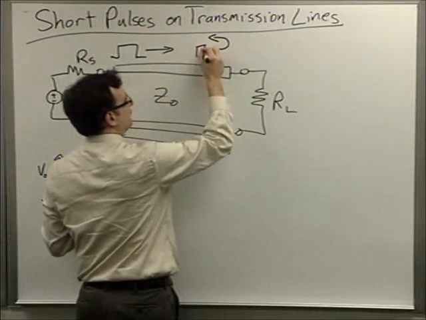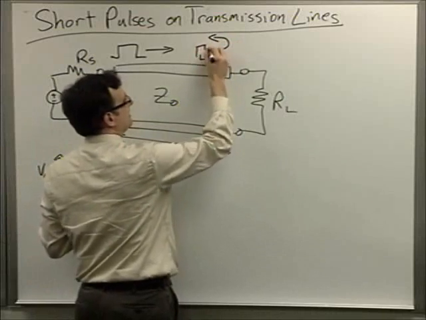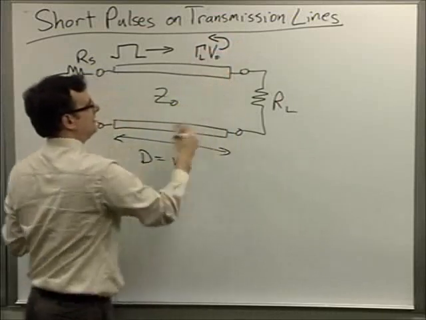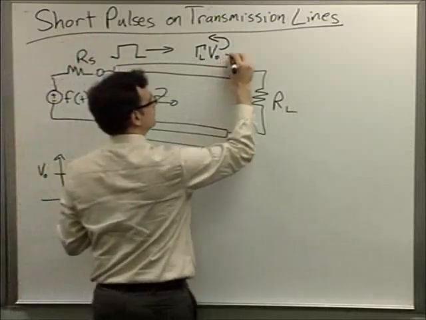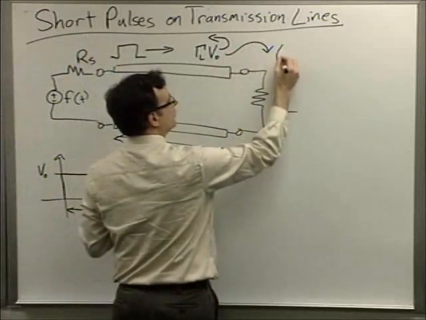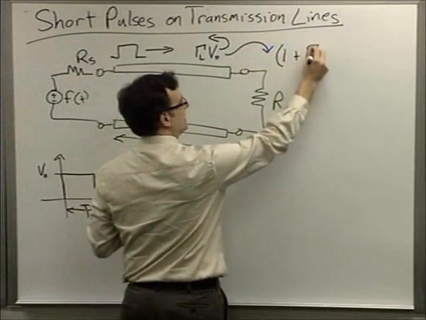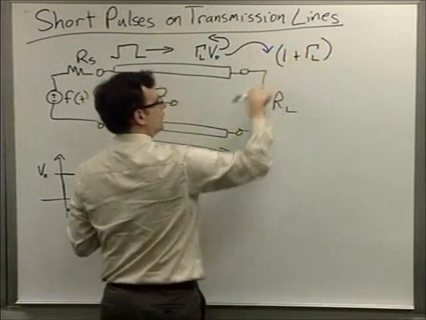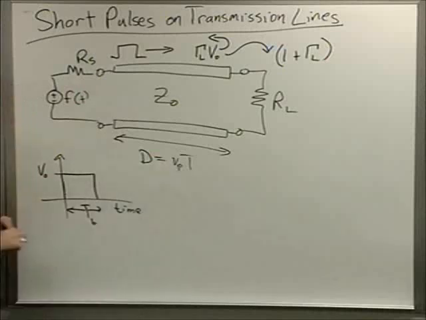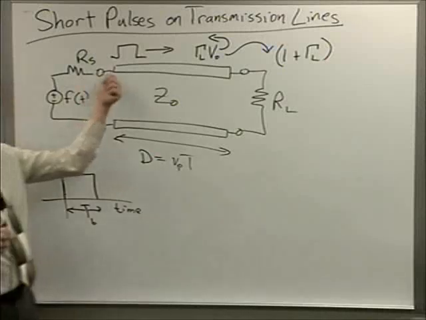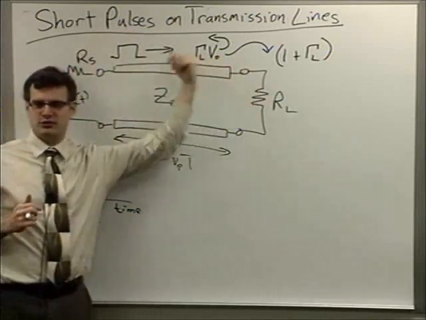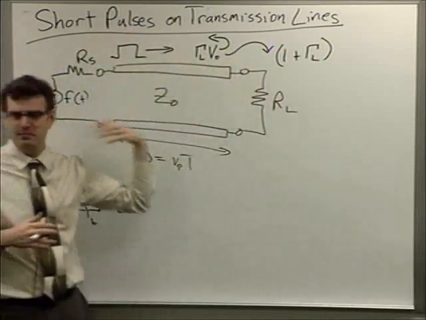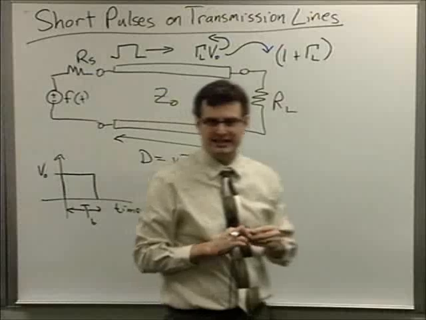I'm going to get a reflection, gamma sub L times V0 in the backwards direction. And then I'm going to get a transmission, 1 plus gamma sub L, over into the load resistor. And of course, if this is mismatched, it's going to reflect off here, transmit, reflect off here, transmit. And we're going to have this same ping pong game that we had in the DC analysis.